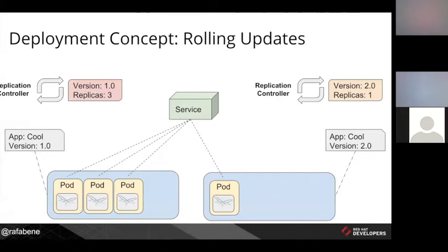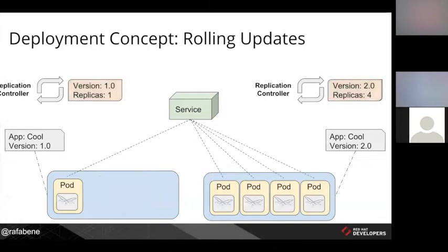If the pod of the version 2.0 is live and well, it will create a replica number 2. And then, of course, the version 1 will delete the pod. And then we'll keep rolling until we have just one replica on the version 1.0.